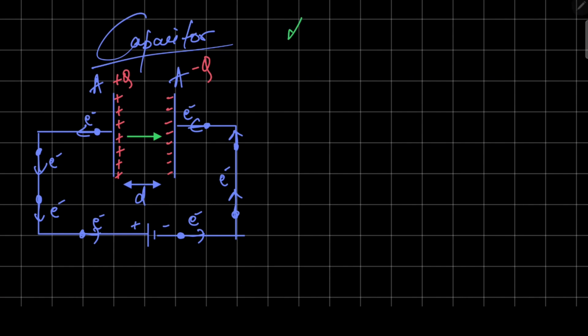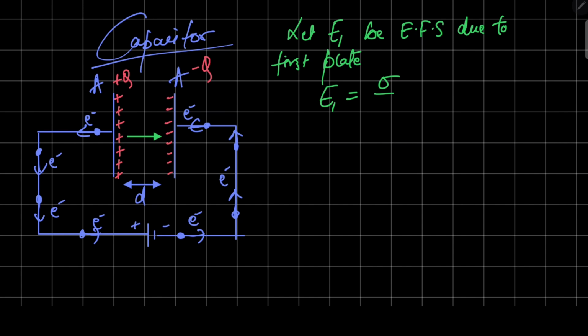If I define E1 as the electric field strength due to the first plate, then E1 can be expressed as sigma by 2 epsilon naught, considering the surface charge density of the first plate is sigma. Since there is an equal number of charges in the other plate, although opposite in polarity, minus sigma will be the charge there. Let us give this as equation number one.